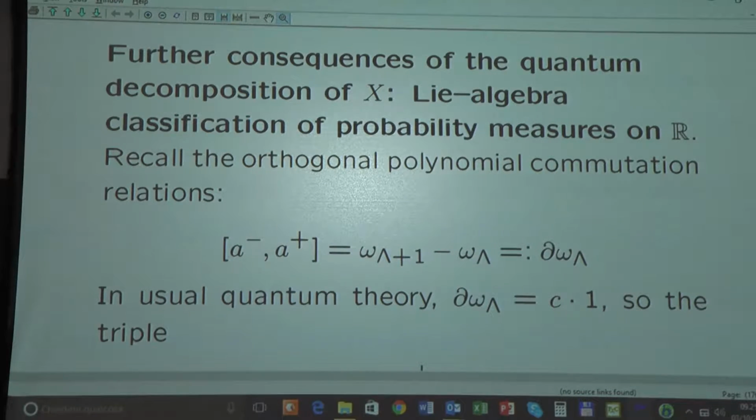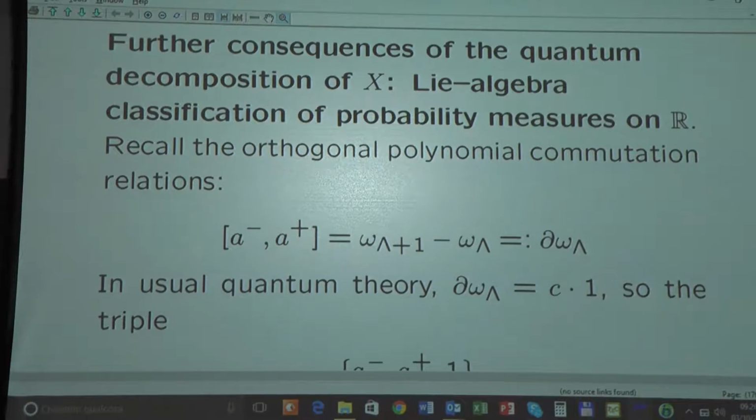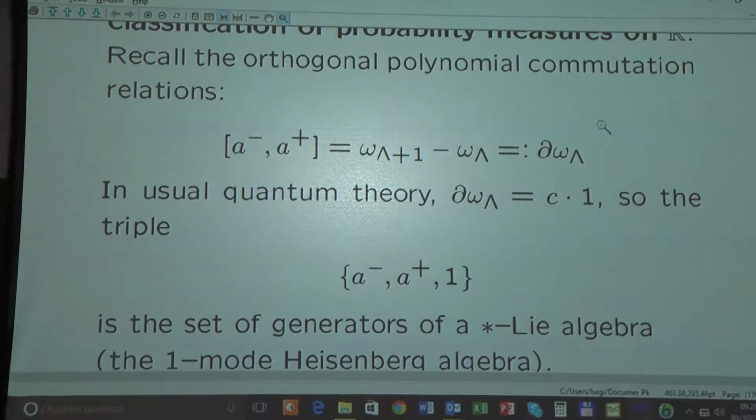So those which are symmetric by reflection, multiplication by -1, of the real line, okay? So to restrict to A plus and A minus is equivalent to restricting to the symmetric probability measures. For example, the standard Gaussian, okay?